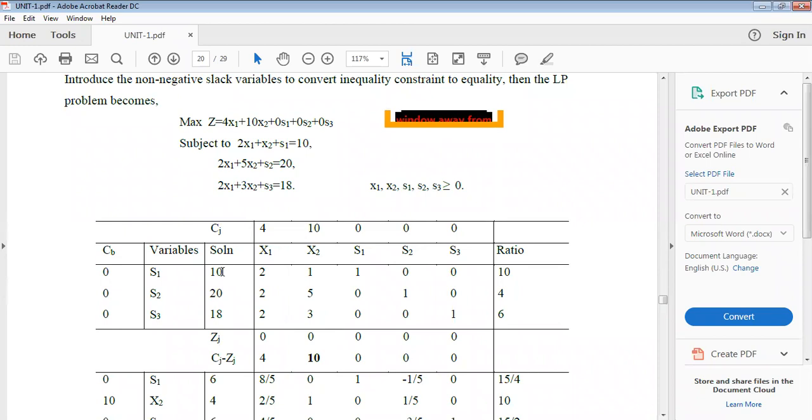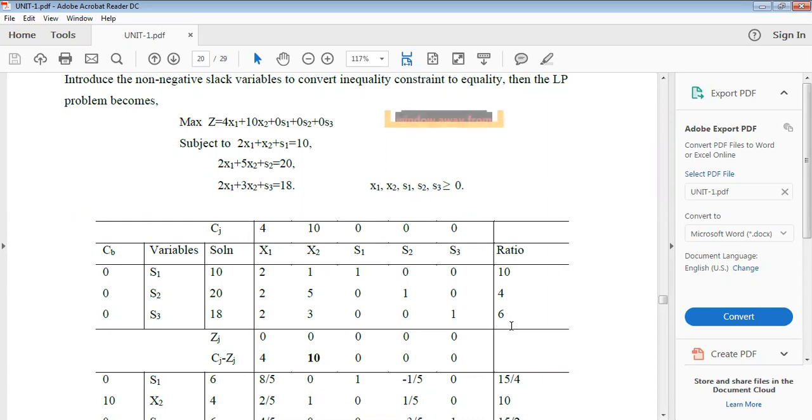Now you have to identify the ratios. 10 divided by 1 is 10, 20 divided by 5 is 4, and 18 divided by 3 is 6. So 10, 4, 6.